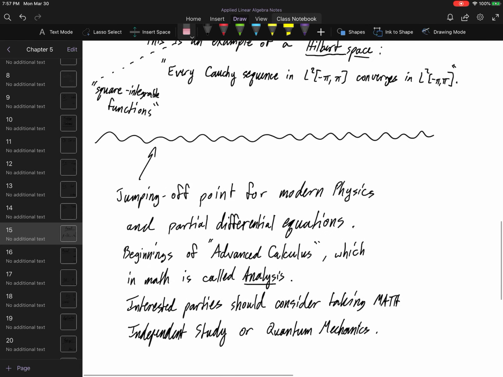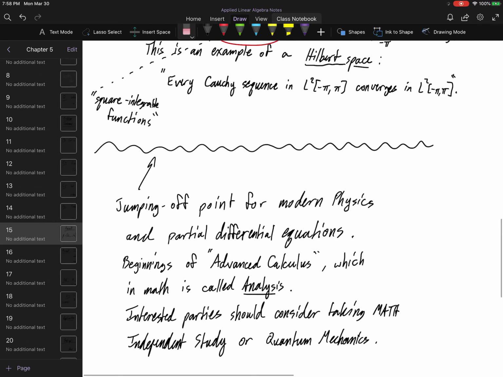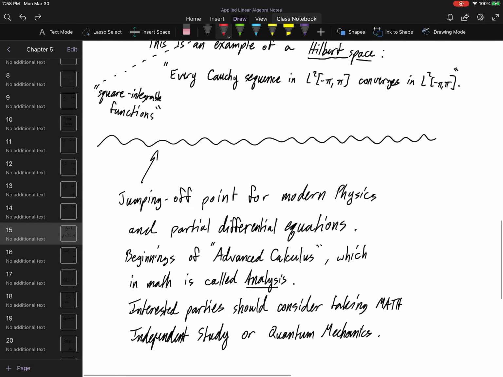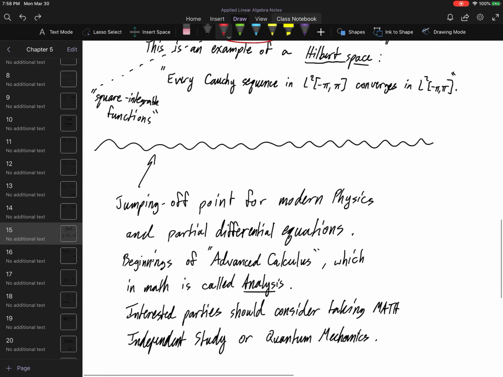If you're interested in pursuing this any further, this is a great jumping off point for modern physics and partial differential equations theory. It is one of the starting points for graduate analysis. If you ever go into a master's or PhD program, you will have to take a whole sequence in what they call analysis or applied analysis, which is just a more general way of saying advanced calculus.